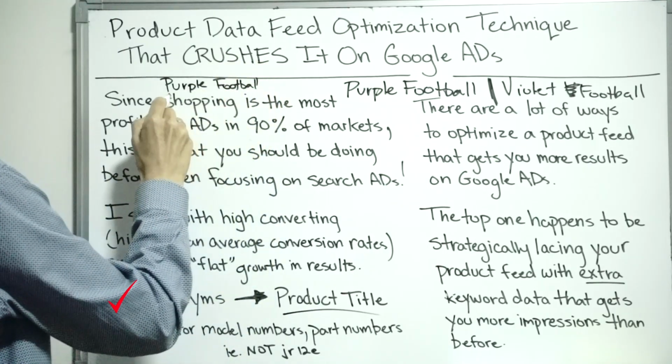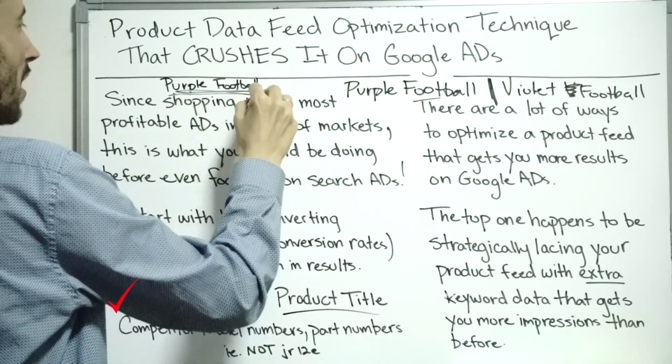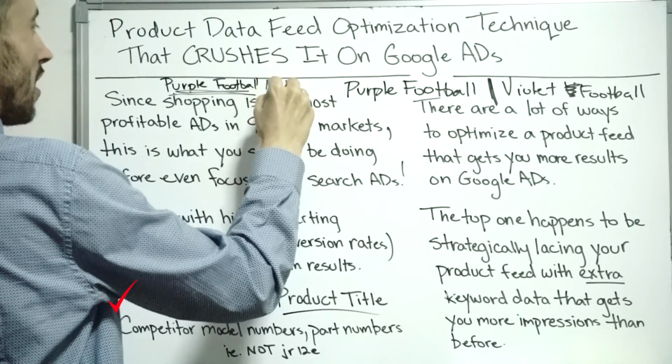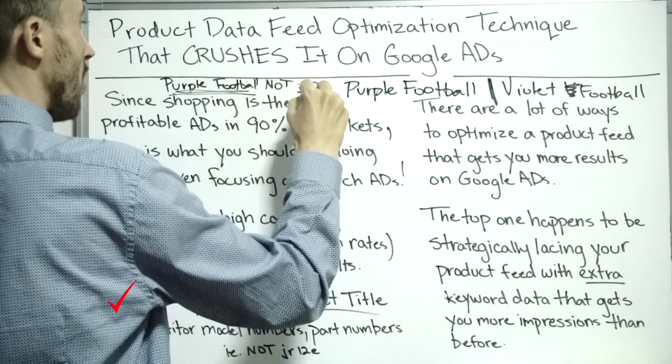Okay, here's your product title right here, right? I know it's kind of small. And then you could put "not", N-O-T, JR12E.